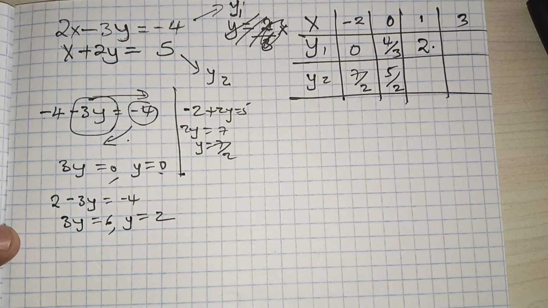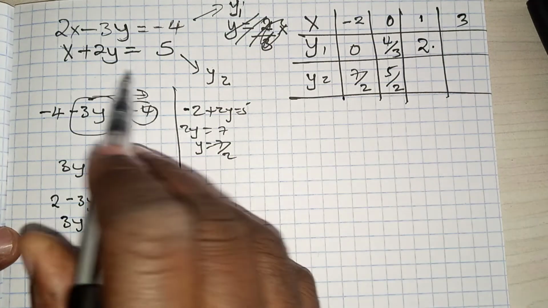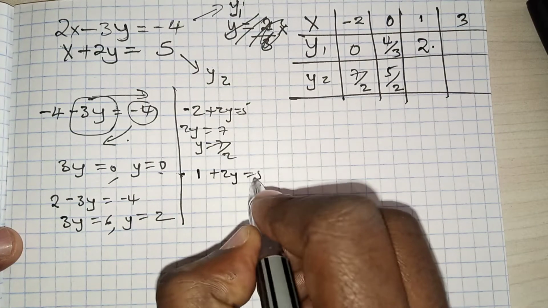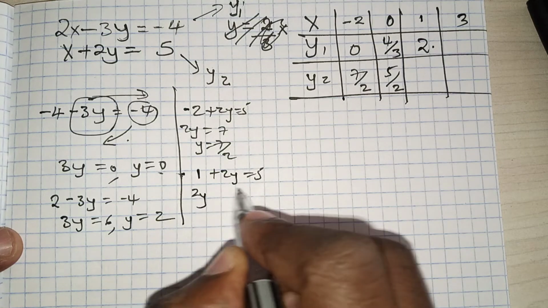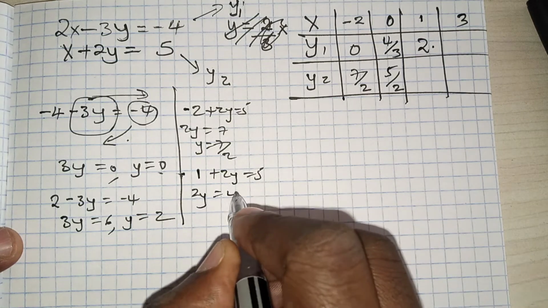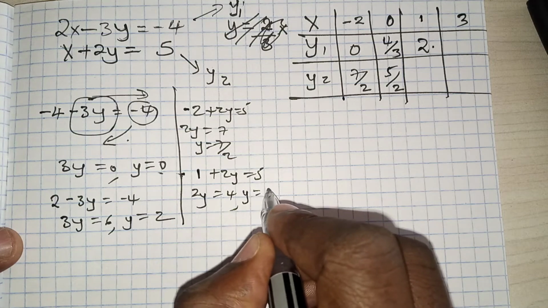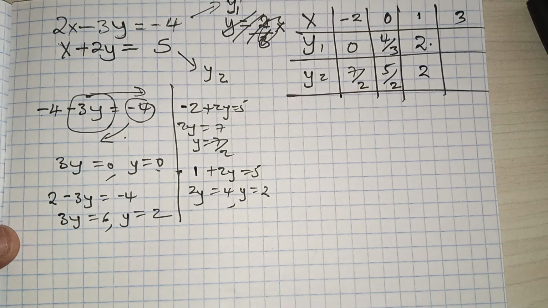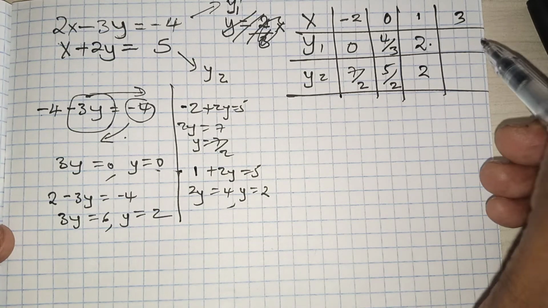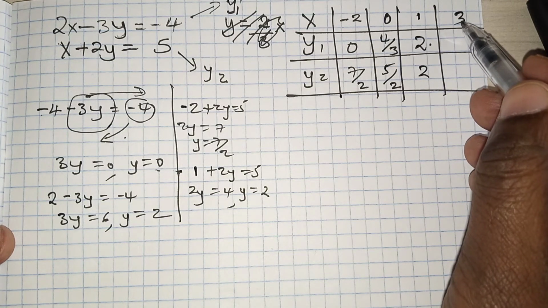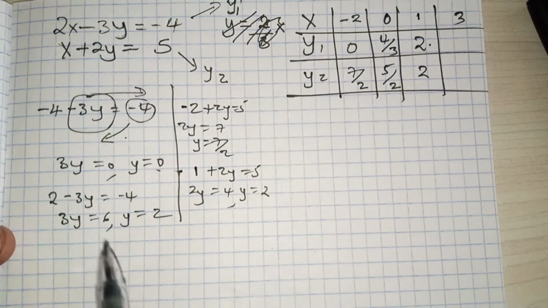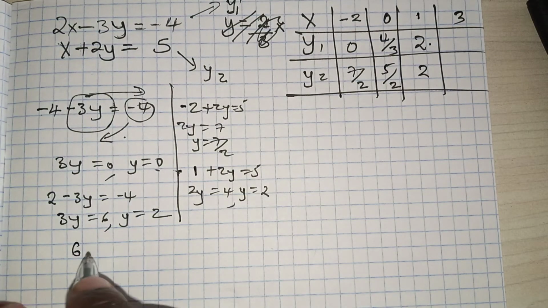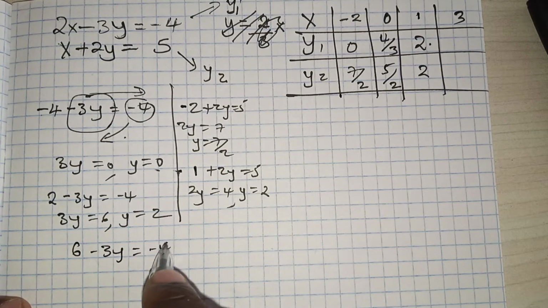What about when x is 1 for the second equation? You have 1 plus 2y is equal to 5, and 2y is 5 minus 1, which is 4, and y is 2. Watch this point. But just to be sure, when x is 3, for y1, we have 6 minus 3y is equal to minus 4.